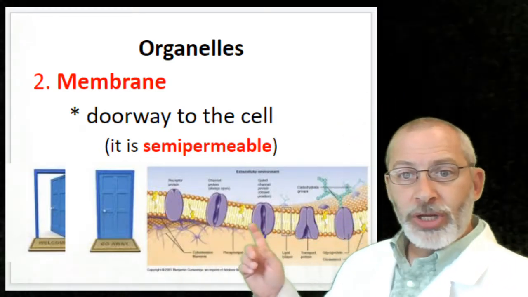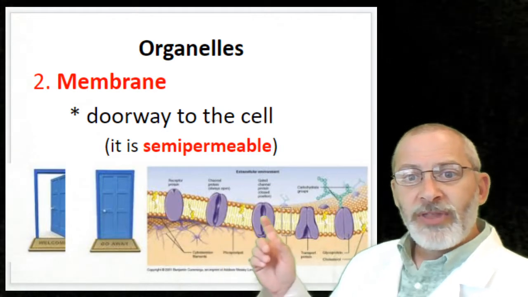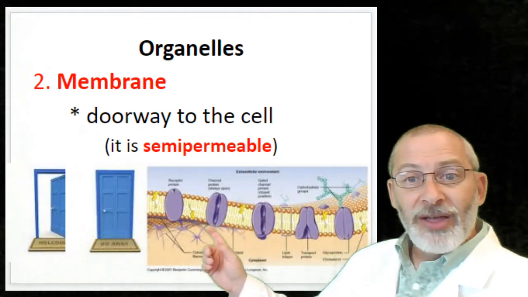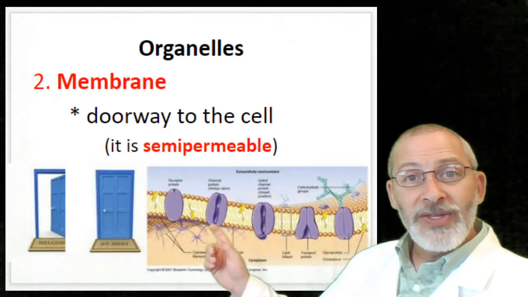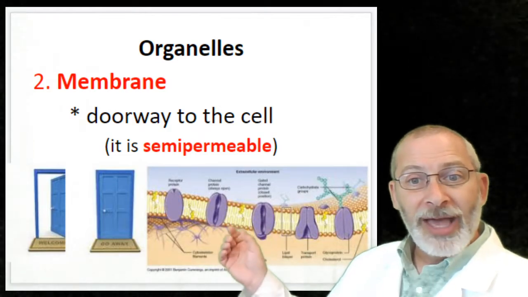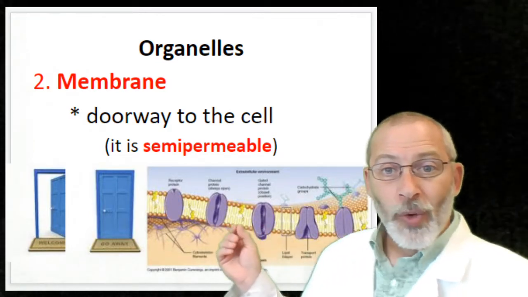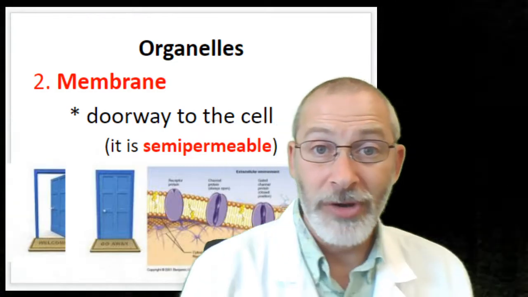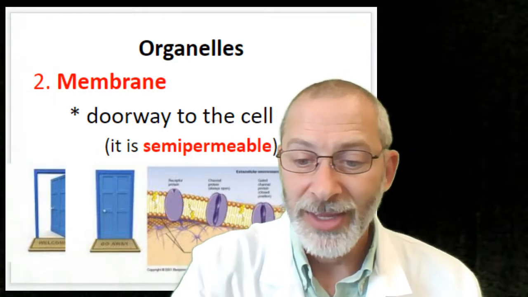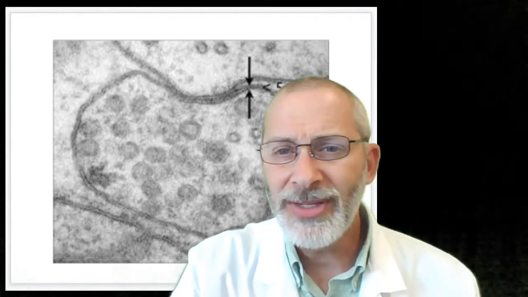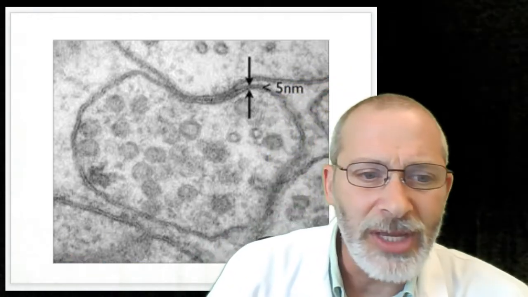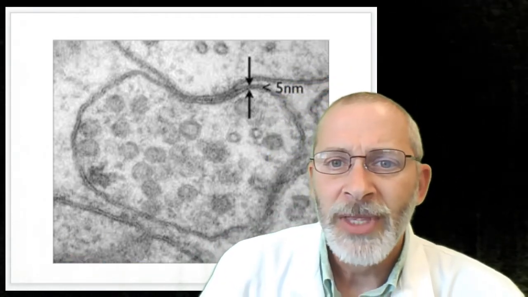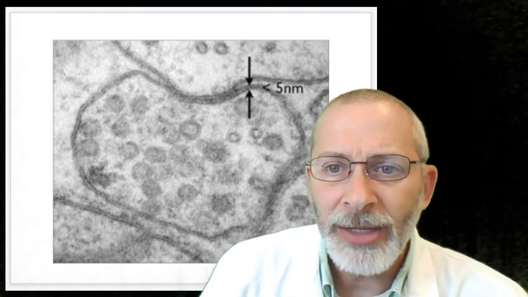And in this picture here, we can see some of these guard cells. These are like the doorways in a cell membrane that can either open or close for different things, and they can be selective.